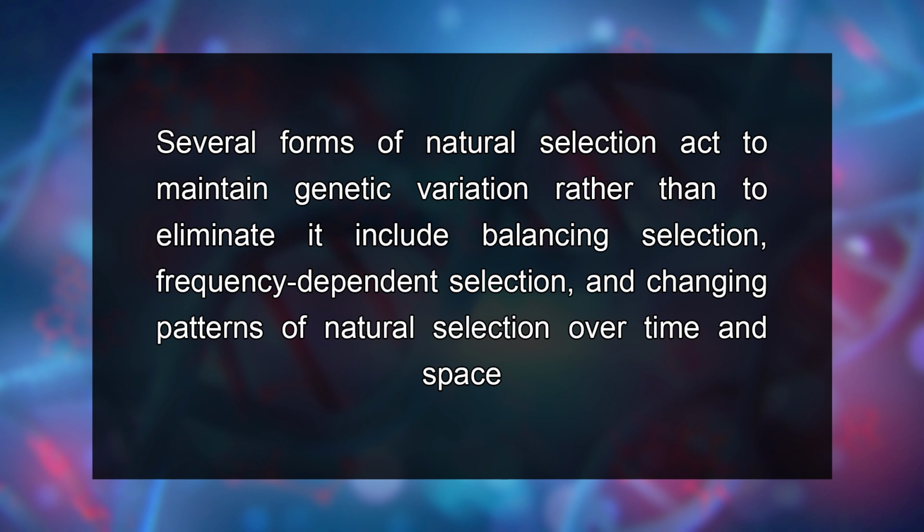Finally, several forms of natural selection act to maintain genetic variation rather than to eliminate it. These include balancing selection, frequency-dependent selection, and changing patterns of natural selection over time and space. The contribution of balancing selection to standing genetic variation can also be substantial.